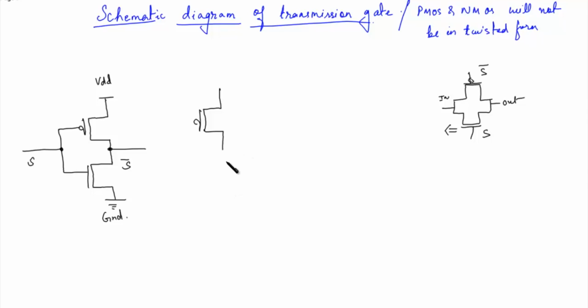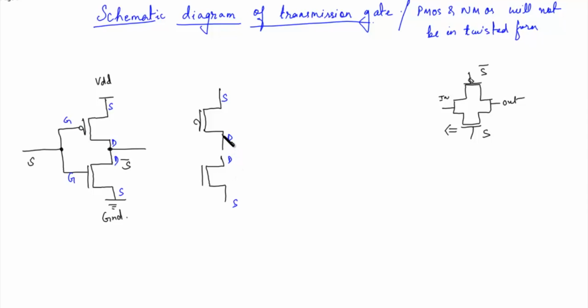It will be this. So if we label, this is source, drain, source, gate and gate. Similarly, this is source, drain and source.